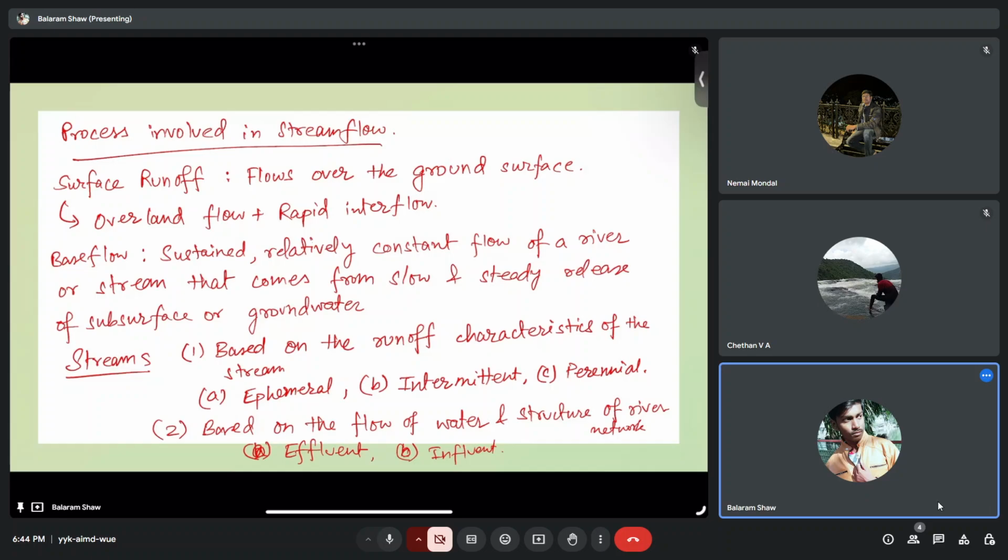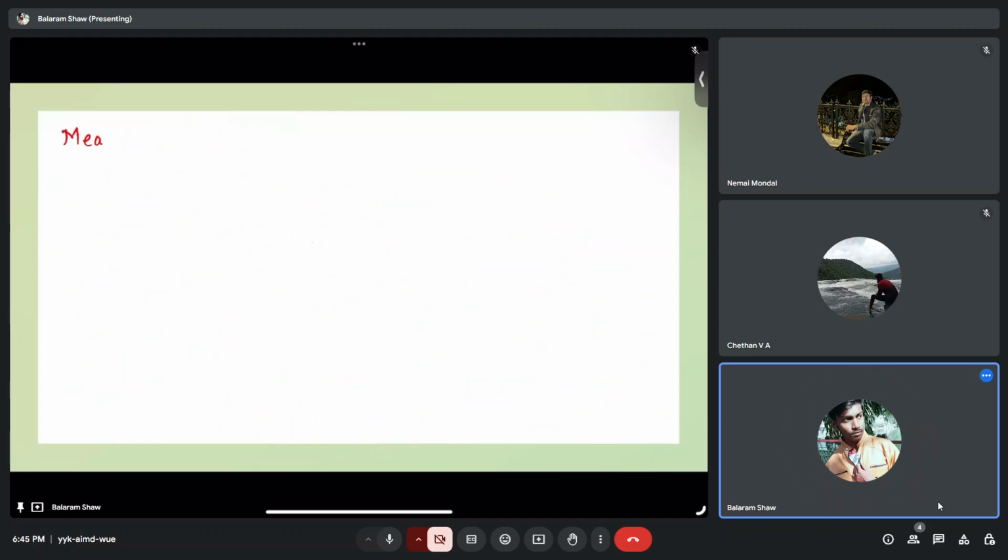Okay. So with this, we have studied the stream flow processes. Next, we'll move to the measurement of stream flow, right? So measurement of stream flow means what? We have studied what is stream flow.